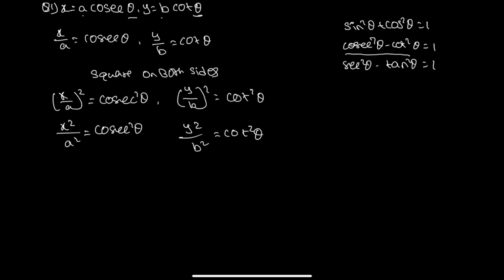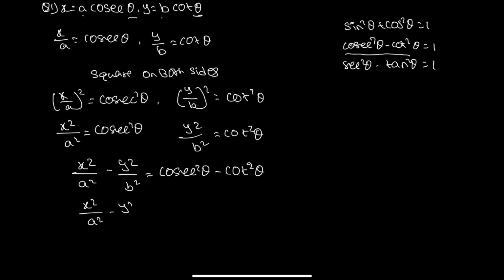So we have to subtract this, that is x square by a square minus y square by b square is equals to cosecant square theta minus cot square theta. And here in this place we'll replace this with 1. X square by a square minus y square by b square is equals to 1. This is our required answer without any theta values.